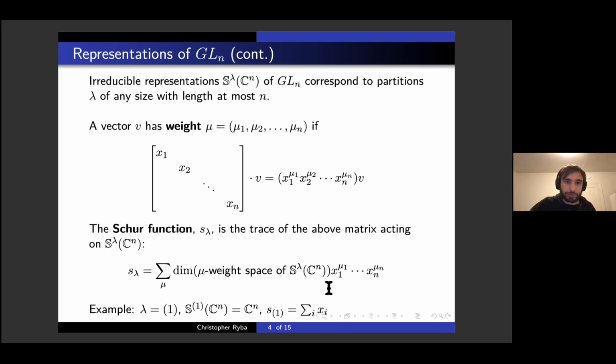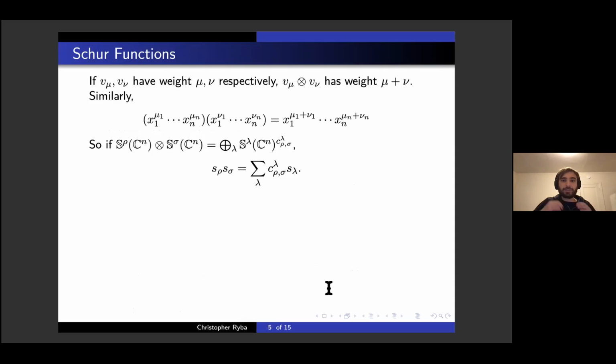All right, so we've defined what a Schur function is. One of the key properties that I want to emphasize here is that if I have, let's say, two vectors with particular weights, and I consider their tensor product, then the weight of the tensor product is itself going to be a weight vector, and its weight will be the sum of the two weights. So these two weights are actually vectors of integers, and when I add them, I really just mean the component-wise addition.